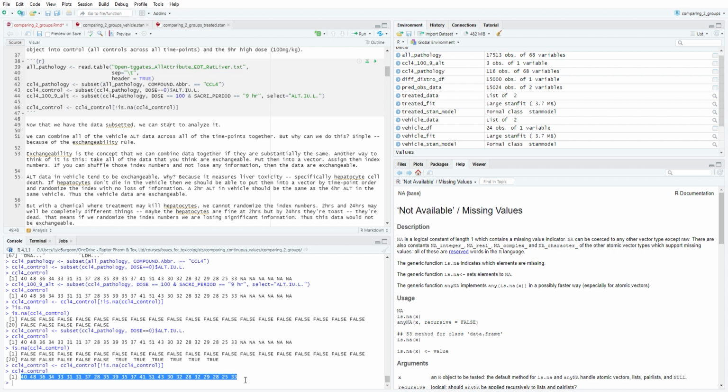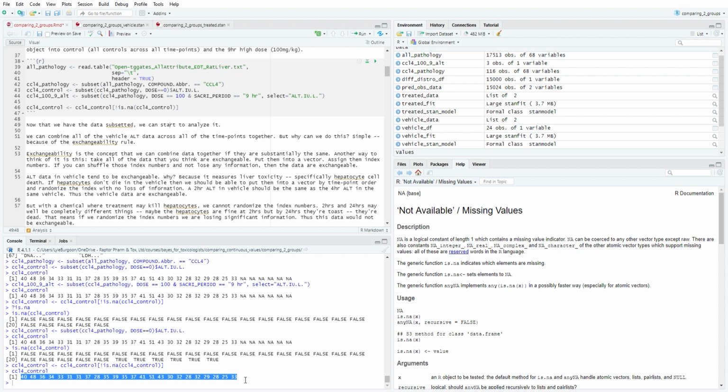I can then combine together all that vehicle information and not worry about a date effect. And because I don't have to worry about a date effect, all my historical controls that I've ever done can also be used to help me build a better vehicle distribution overall, to help me get a better sense as to what is happening within the assay when I do have treatments, right?